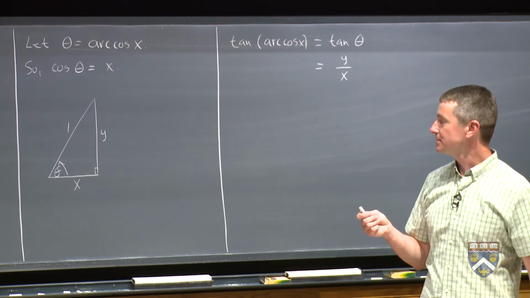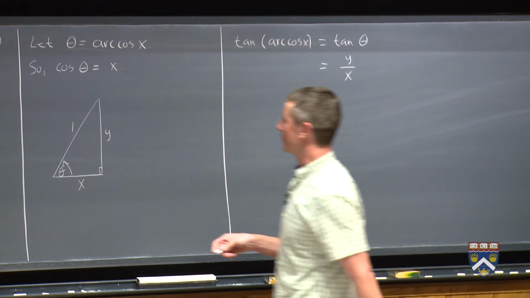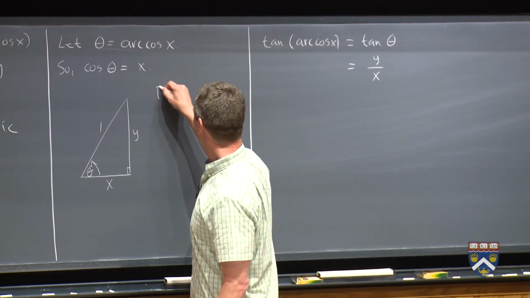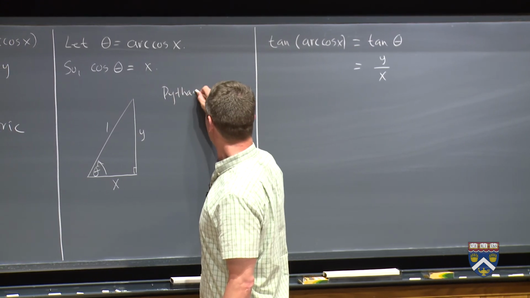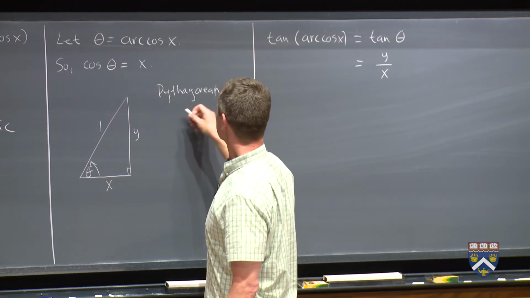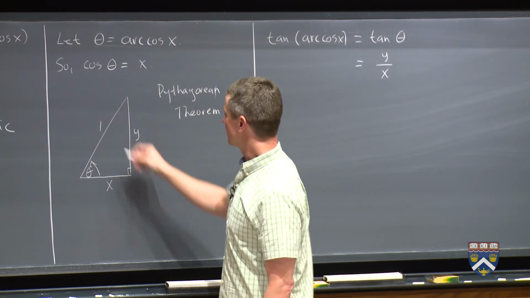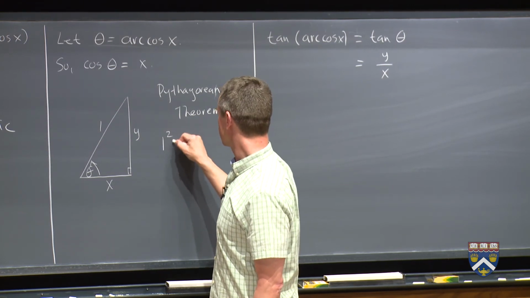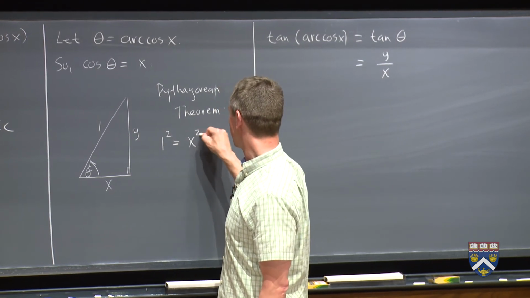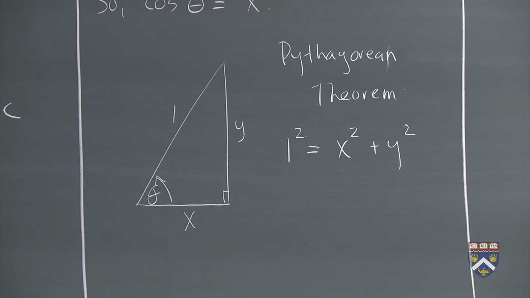And I hope you're saying yes, because if there's only one theorem to know, it's the Pythagorean theorem. The Pythagorean theorem says that if I square the hypotenuse, it's the same as the sum of the squares of the two legs. And in particular, the one that I don't know here is y.